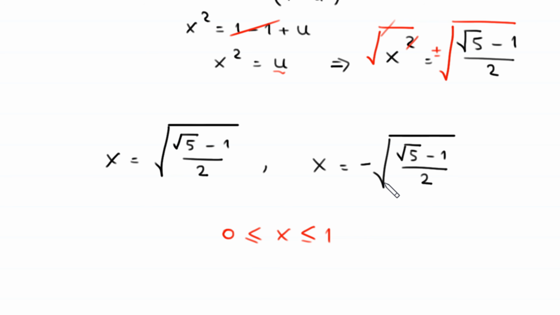Since this expression negative the square root of root 5 minus 1 over 2 is less than 0, so this will be rejected. And this value of x is approximately equal to 0.786, which is less than 1 and greater than 0. So this is a valid solution.